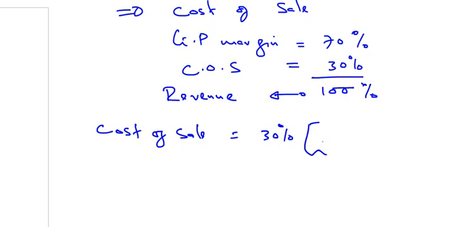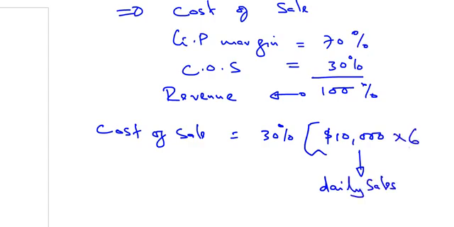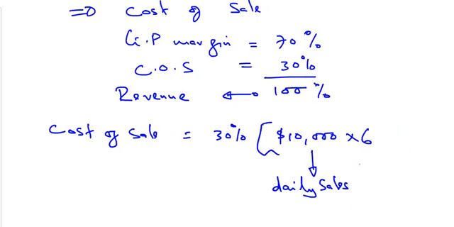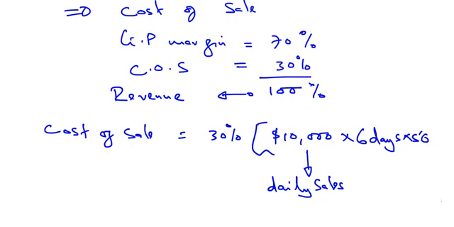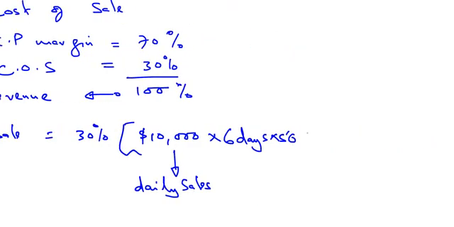Remember, we're told that we spend 10,000 daily. So this is your daily sales. But how many days are we working? 6 days, Monday to Saturday. 6 days times how many weeks? 50 weeks. And what does this give us?